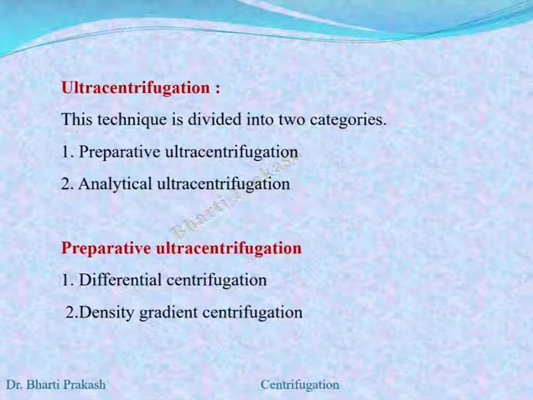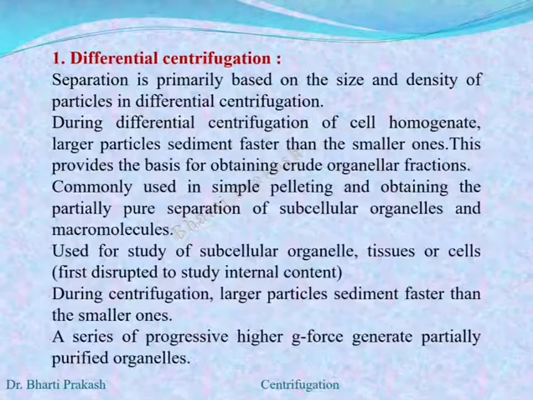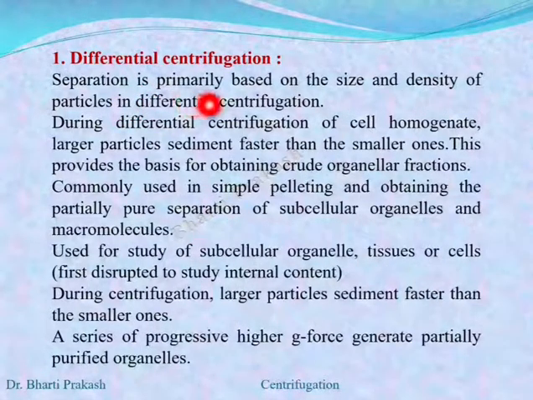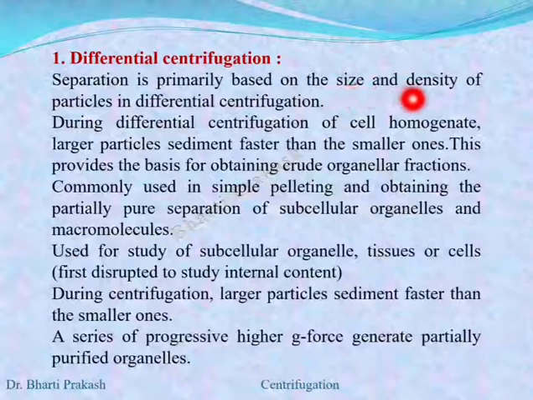In differential centrifugation, the material containing different fractions is divided centrifugally into a number of fractions by increasing the applied centrifugal field. So, in the differential centrifugation, the separation is primarily based on the size and density of the particles.